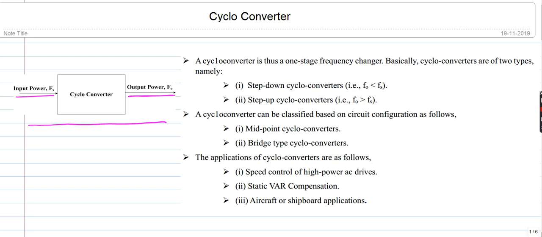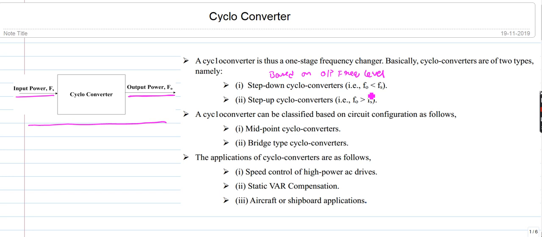When it comes to classification, we can classify cycloconverters based upon two factors. The first factor is based upon the output frequency level.